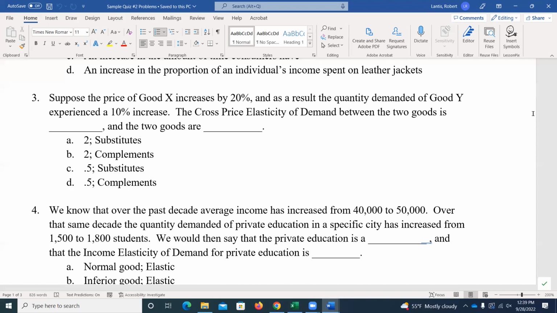However, we had this weird situation where maybe, let's say we saw that income goes up and people actually buy less of a good, right? So we end up with a negative income elasticity. If I have more money and buy less of a good, we say that good would be inferior, right? This is the idea of, when I have more money, I buy less ramen or Keystone, right?